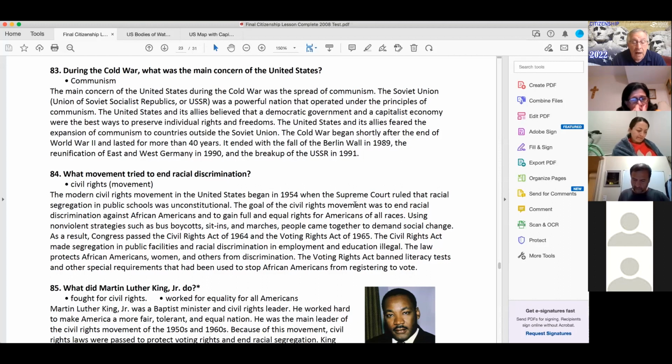In 1964, a document was signed and passed by Congress called the Civil Rights Act, which made it illegal, when hiring people, when allowing them to buy a home, when allowing them to buy a car, to treat one race differently than another race.